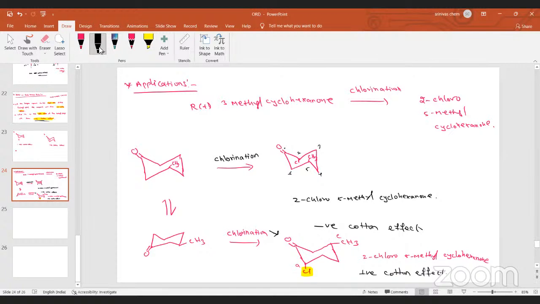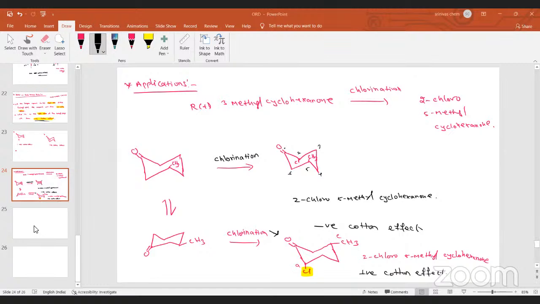So this is the chlorination of 3-methyl cyclohexanone.